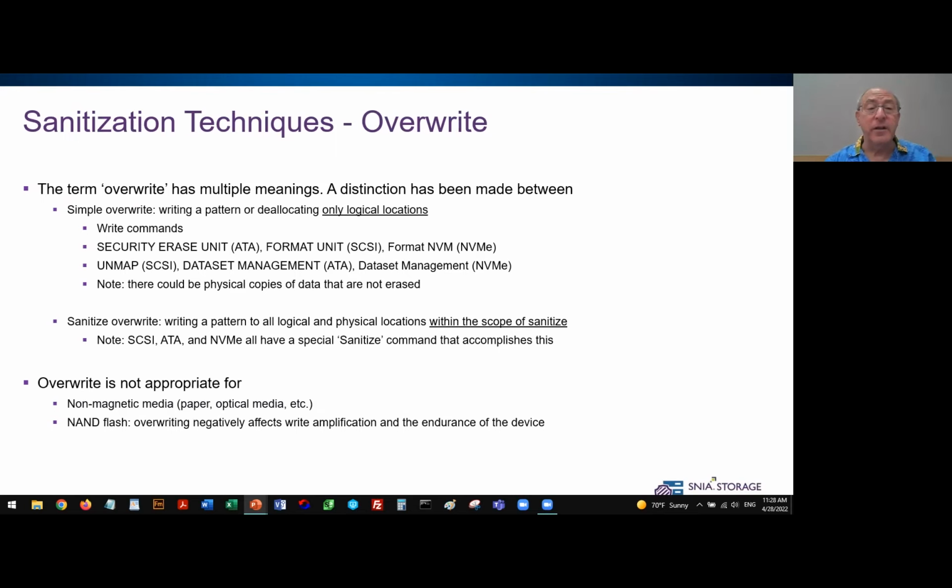Overwrite has different meanings. We do not mean simple overwriting here. Simple overwrite can be used for clear method, but not for purge. The sanitize overwrite command is acceptable for purge, and overwrite is not acceptable for non-magnetic media in the first place.